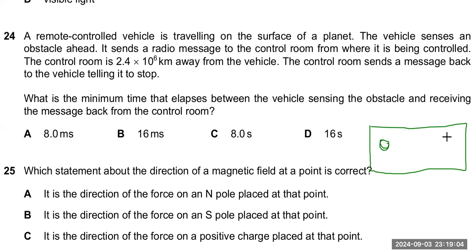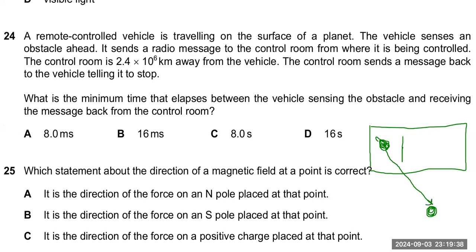Suppose this remote control vehicle senses the obstacle in front of it. This is the obstacle, and this remote control vehicle, according to the question, sends a message to the control room. Suppose this is the control room from which this robot is controlled.